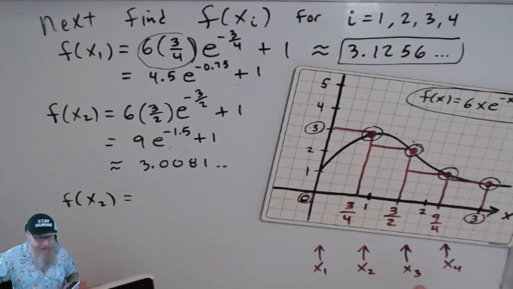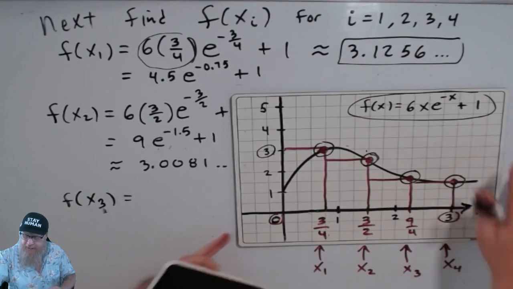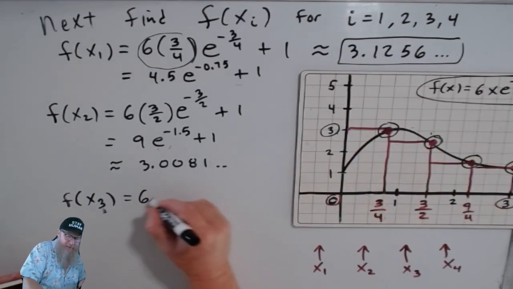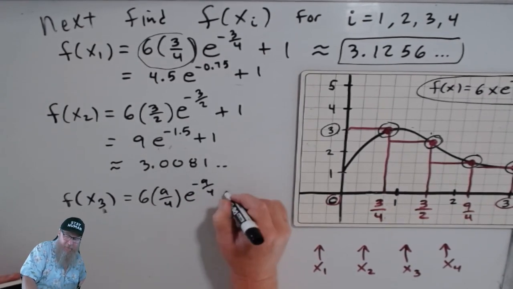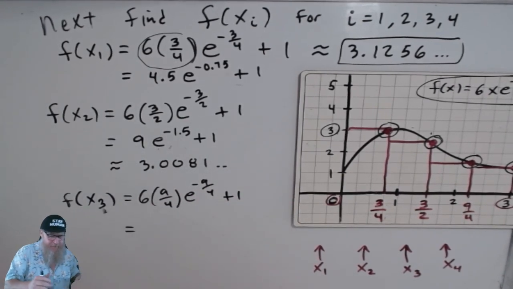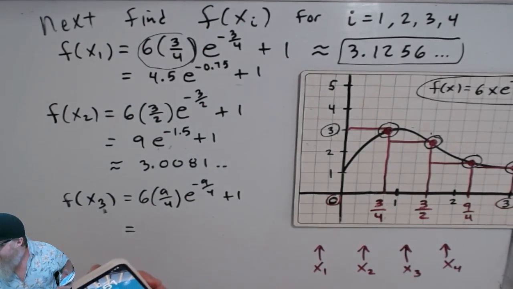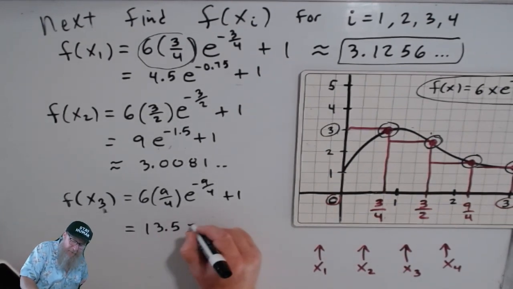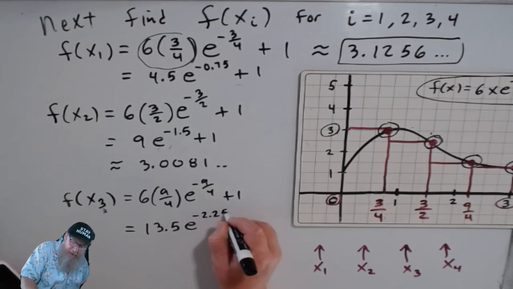All right, f of x3. So x3 is 9/4. So we've got 6 times 9/4 e to the negative 9/4 plus 1. 6 times 9 is 54. 54 divided by 4 is 13.5. So it's 13.5 e to the negative 2.25 plus 1.